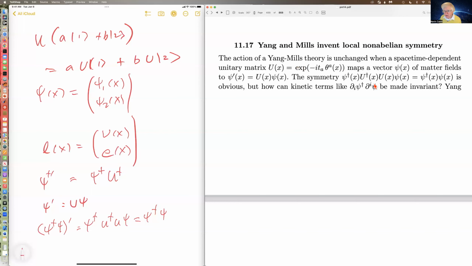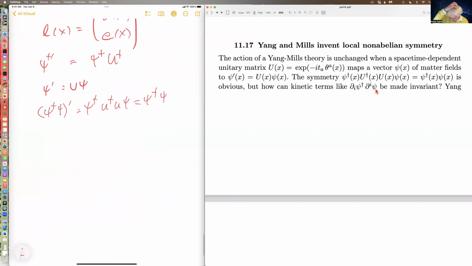but what was the stumbling block is how do you get derivative terms to be invariant? And of course, this is a problem that was solved in a more complicated and significant context by various mathematicians, Riemann, and it was brought into physics by Einstein in general relativity.